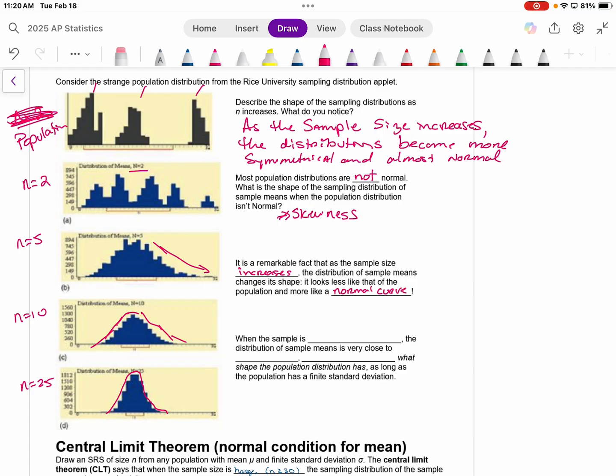When the sample is large enough, and again, the closer we get to 30, the better, the distribution of sample means is very close to normal, no matter what shape the population distribution has, as long as the population has a finite standard deviation, which means it's a finite number, not an infinite number. I don't really deal with a lot of infinite stuff.